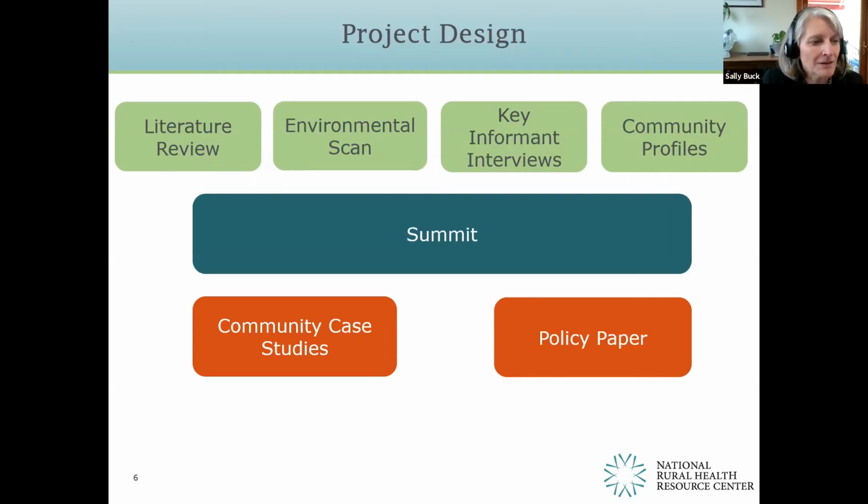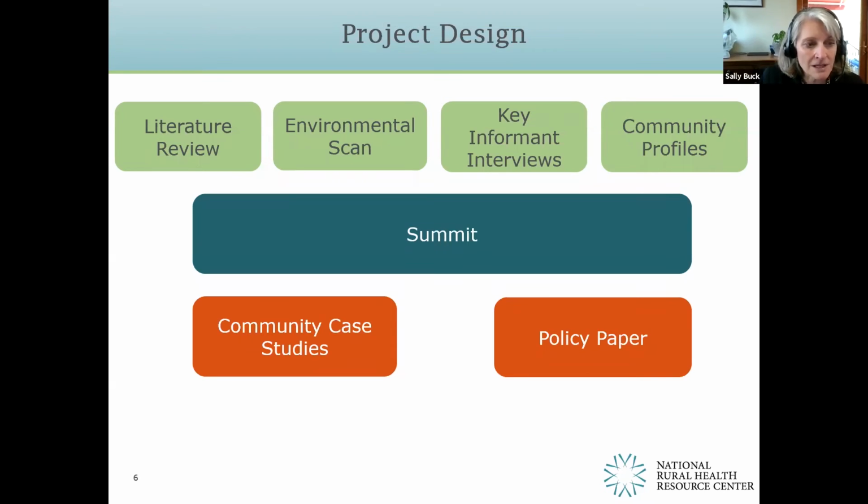So we are looking at different sources of gathering data for an interconnected methodology and perspective. We're starting with a literature review, conducted by the College of St. Scholastica, identifying possible trends and disruptors to jump-start our thinking and design as we go into the summit.